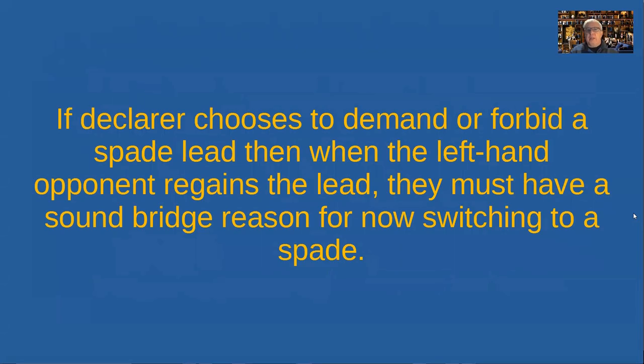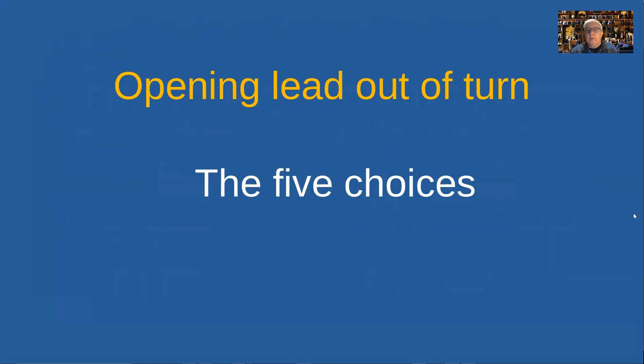And finally, you say, if declarer chooses to demand or forbid a spade lead, then when the left-hand opponent regains the lead, they must have a sound bridge reason for now switching to a spade. So what we've done is cover the 5 choices that are given to a declarer when there's an opening lead out of turn.